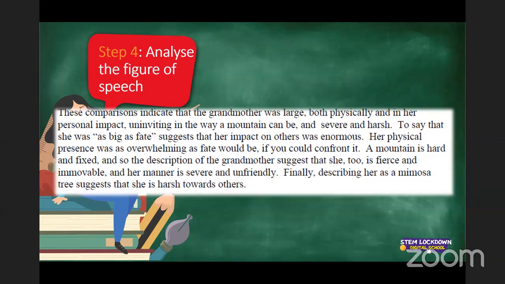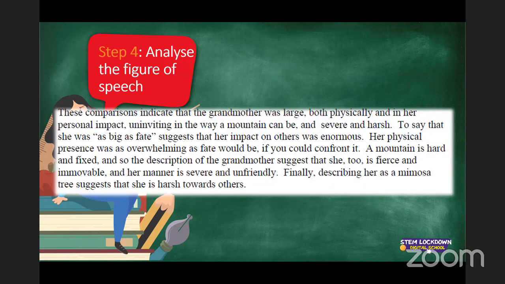She is uninviting in the way a mountain can be, because if you stand at the foot of the mountain and look at it, it would be intimidating, especially if you are about to climb it. And she is severe and harsh as well.